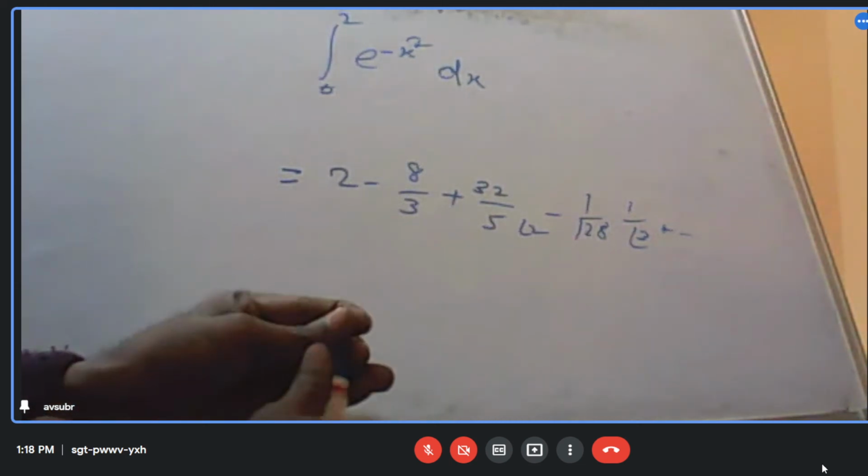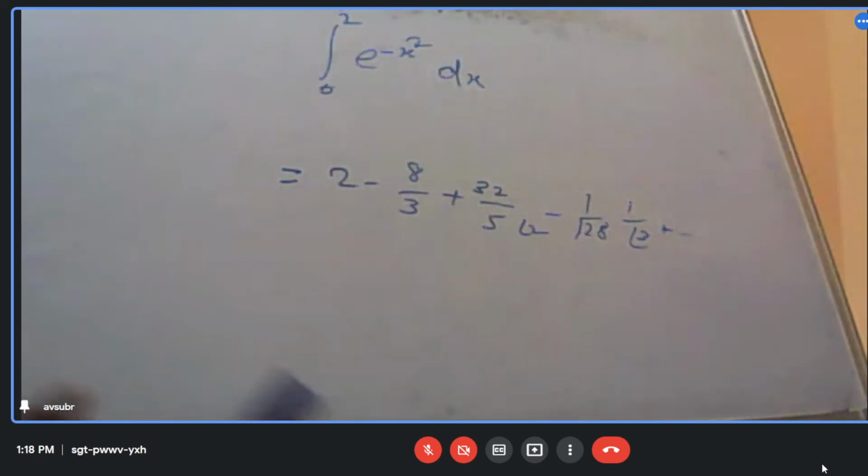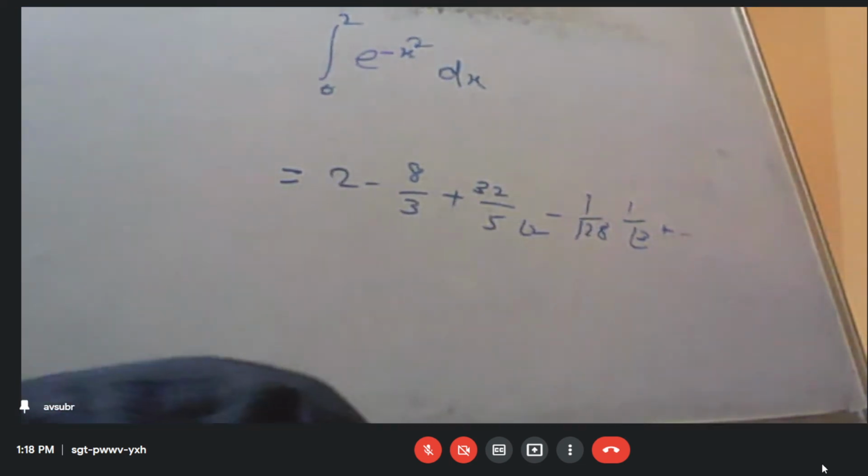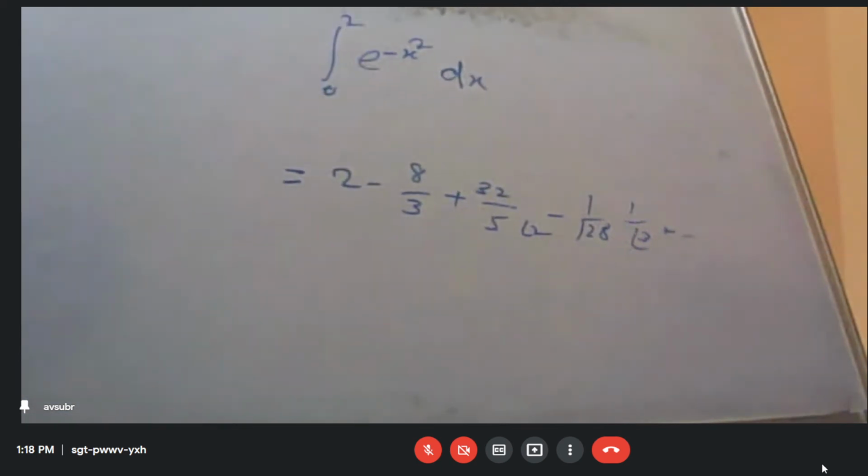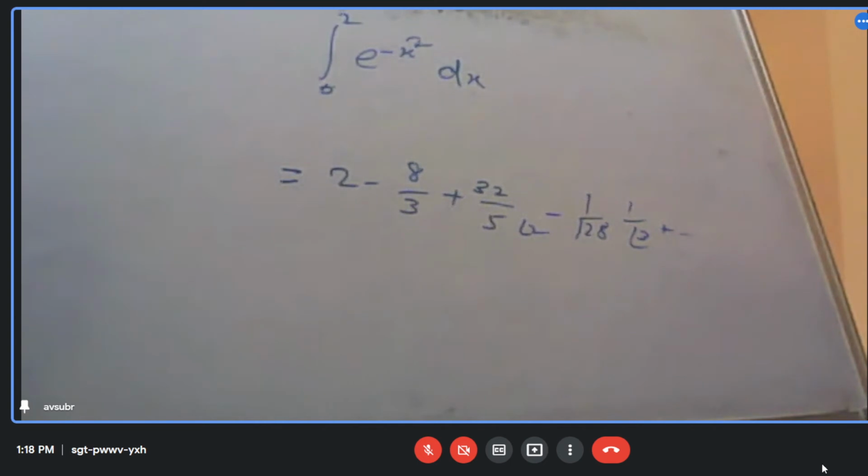Is it correct? Sir, x minus 1 minus x. x minus 1 minus x minus 1 by 3 into x square 2 factorial.